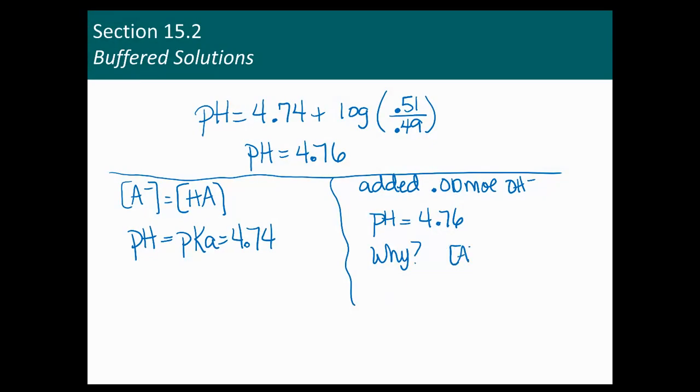Because A minus over HA is now greater than 1. So that ratio has increased, so the pH increased.